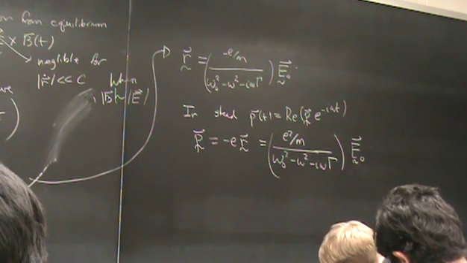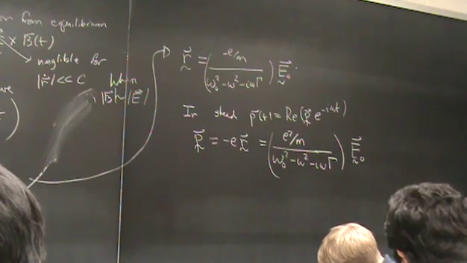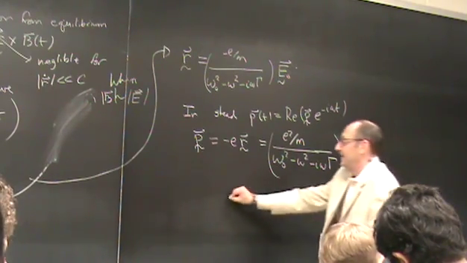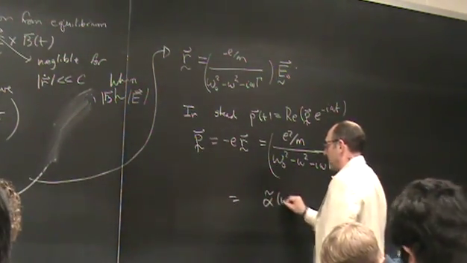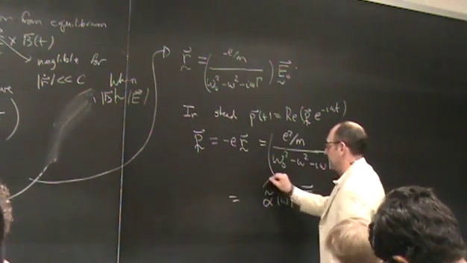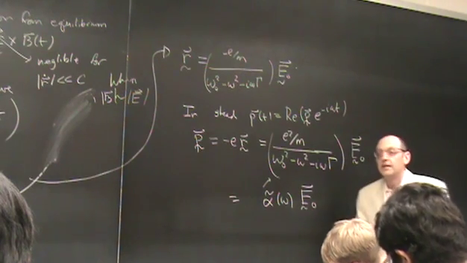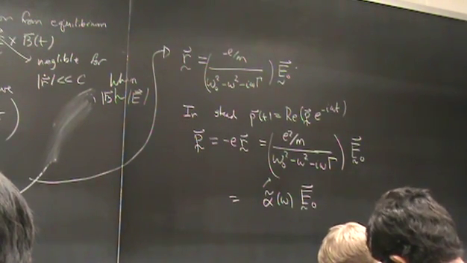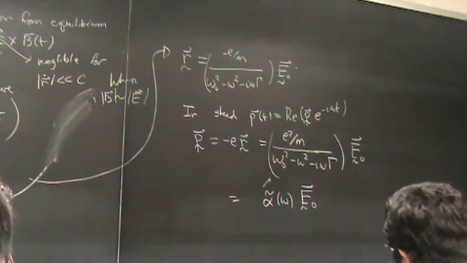And so what is the polarizability? Well, there it is. It equals alpha as a function of omega. This is the polarizability. So we've solved it. We've solved the polarizability.